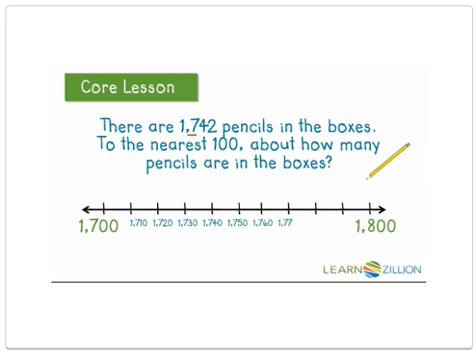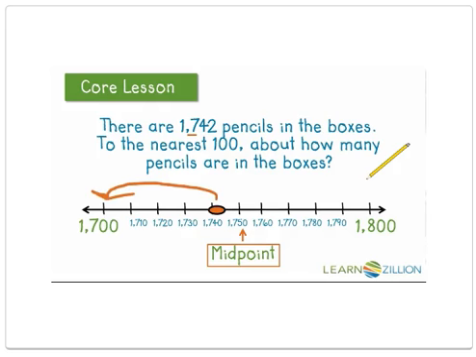My increments will count by tens, and the midpoint that's right in the middle is 1,750. When I add 1,742 to my number line, I can see that it's below the midpoint. So I will round down. If I'm going to estimate, there's about 1,700 pencils in the boxes. The 1 stays the same, the 7 stays the same, and the 4 and 2 in the 10s and 1s turn to zeros because we want to round to the nearest 100.